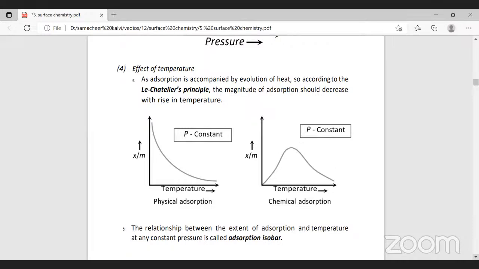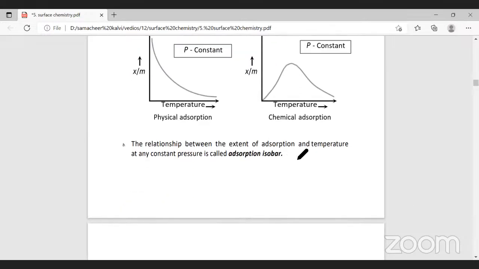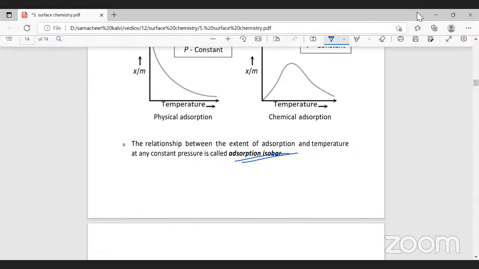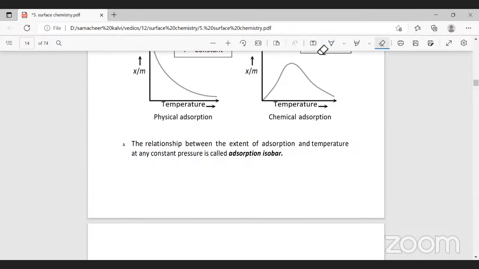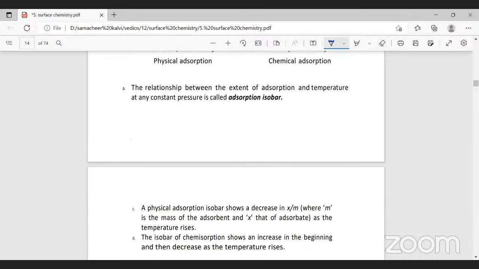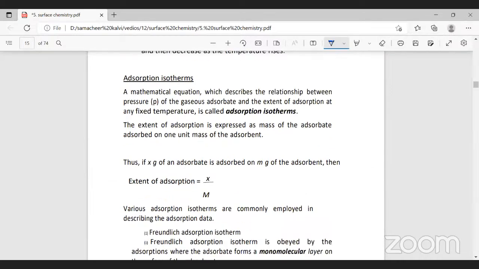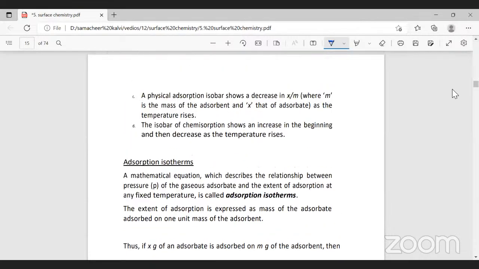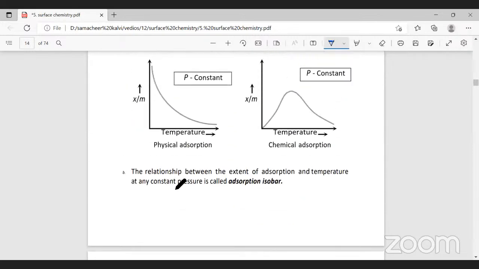The relationship between the extent of adsorption and temperature at any constant pressure is known as adsorption isobar. These two graphs are called adsorption isobars. The physical adsorption isobar shows a decrease in x/m, where m is the mass of adsorbent and x is the mass of adsorbate, as the temperature rises.